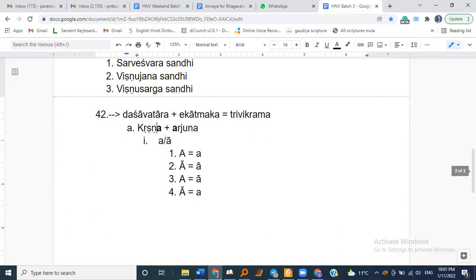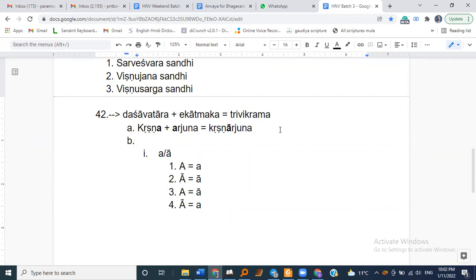So in this case, we have a Dashavatara A followed by its ekatmaka. Thus both of them are replaced by their Trivikrama Varna, which is the Trivikrama A. So we get Krishnarjuna.